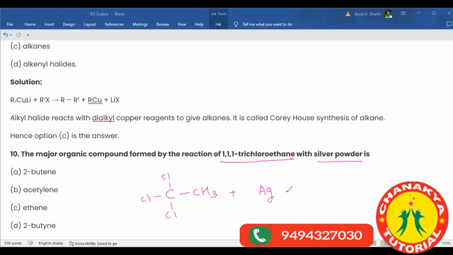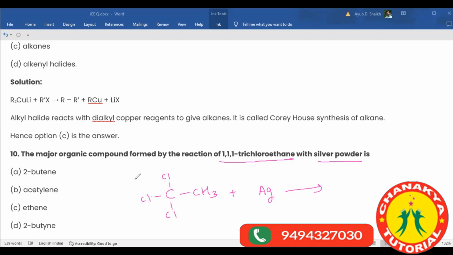Silver powder. What will it form? You have an option. Come on, tell me the answer. Let me see what your logic says.